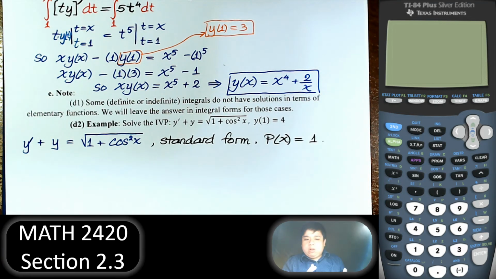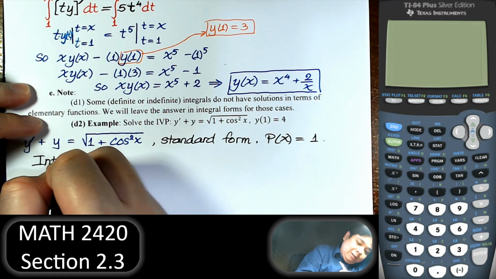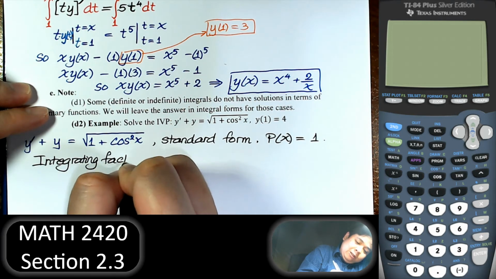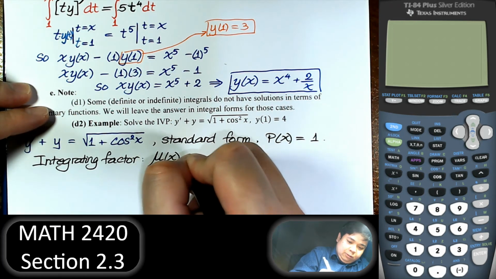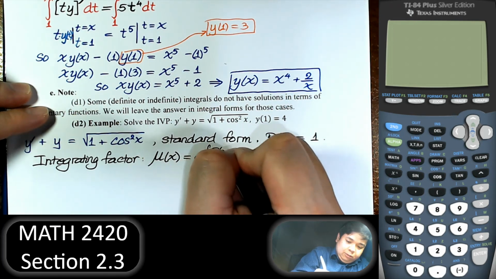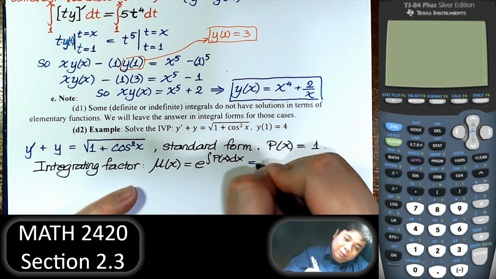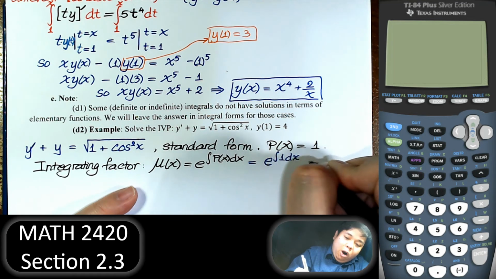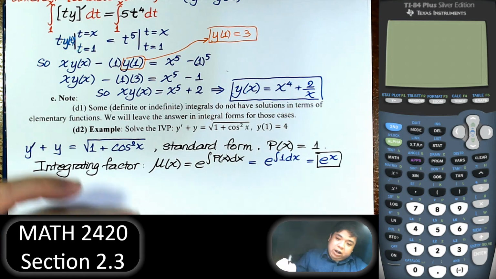Now just integrate to find the integrating factor. The integral of 1 is just x. Right, so it's e to the x. Right, multiply that on both sides.